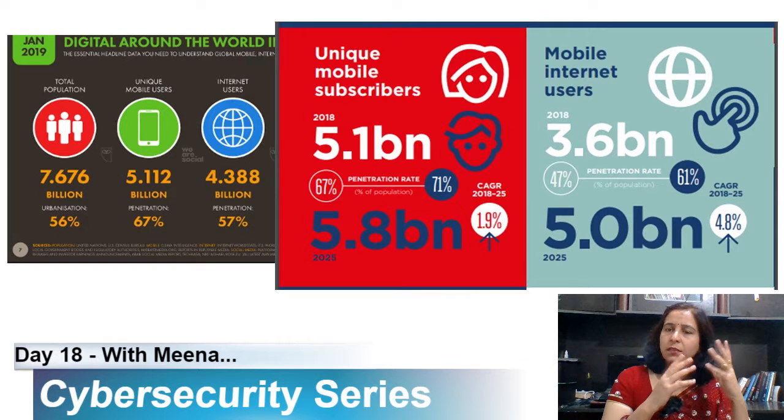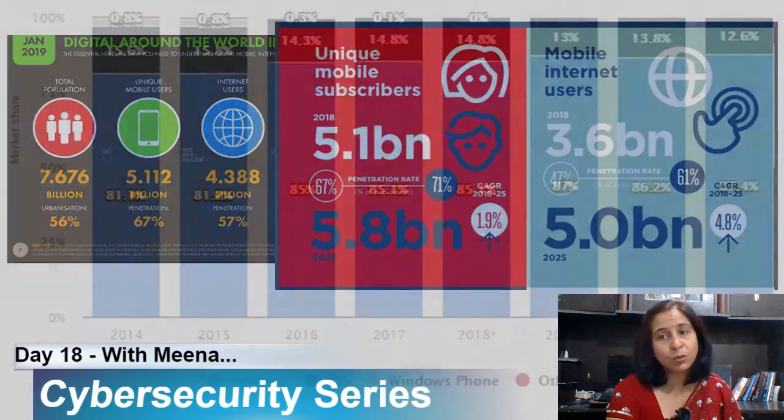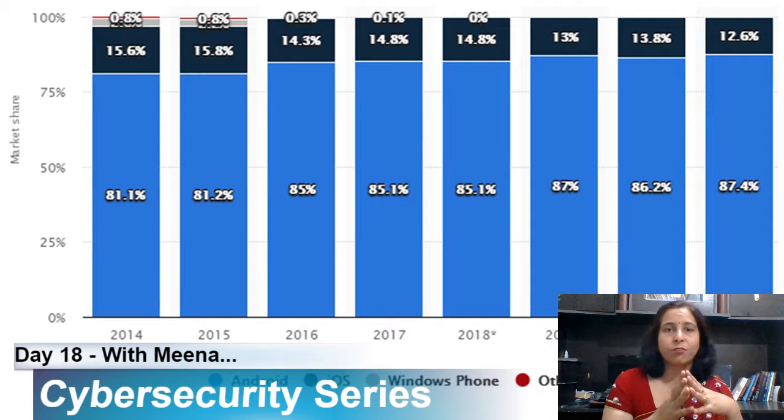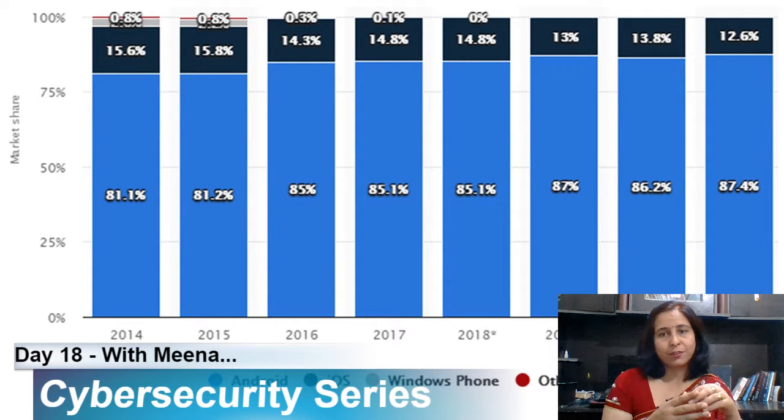And think for a moment, whose devices are most of these mobile users using? More than 85%, or we can say 87%, of the users in 2019 are using Android phones, and only 13% are using Apple phones.